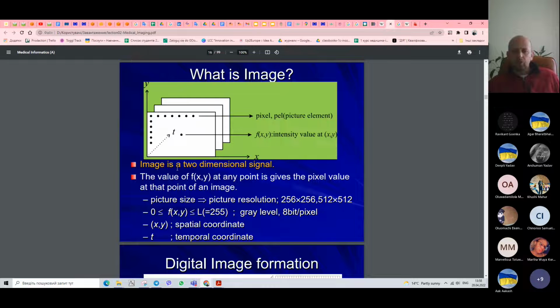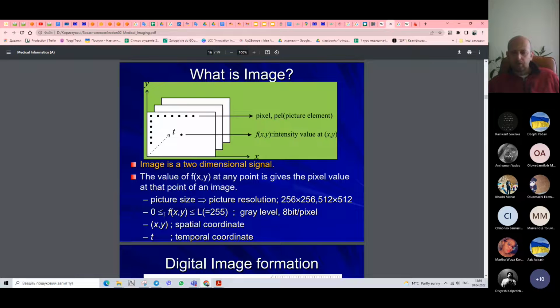An image is a two-dimensional signal. The value f(x, y) at any point gives the pixel value at that point of the image. Pixel count, picture size, and resolution can be different.